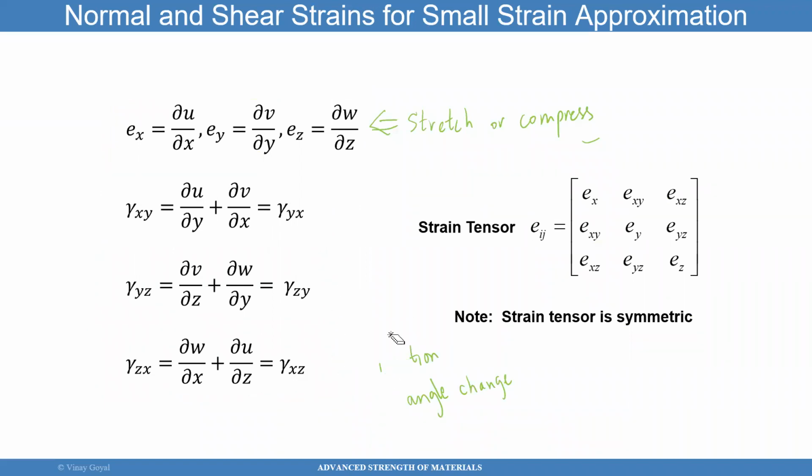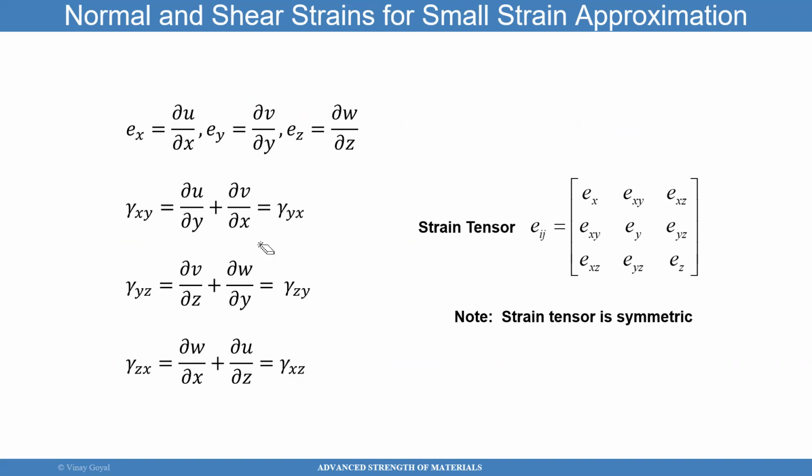Not only that, we did something cool. We related that to actual deflections of the body of the material. The beautiful thing is I can measure these strains. You can actually measure strains, and it's very doable.